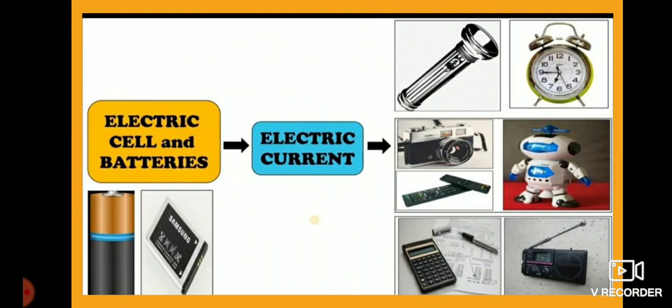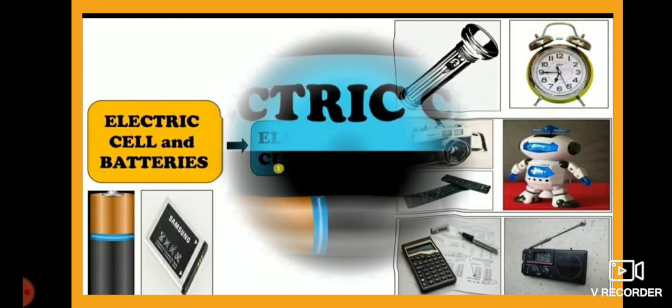And we all know in torches, camera, remote control or calculator, alarm, toys, radio, in all these things we use an electric cell or we use batteries to get the electric current.